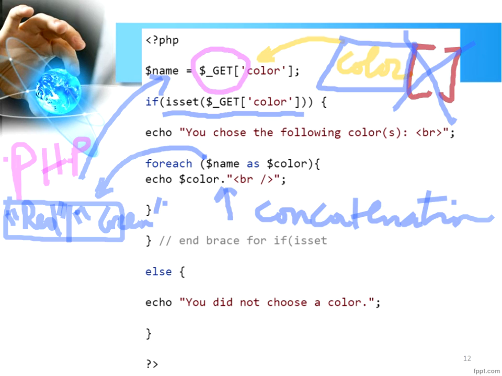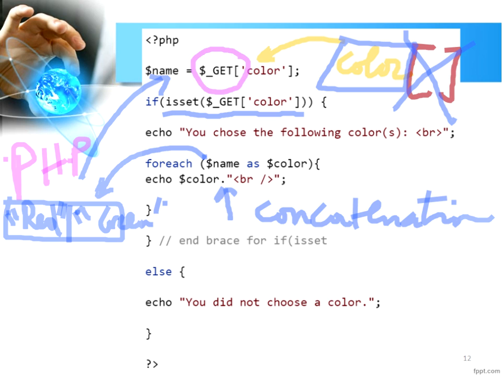We will see other details about foreach later, but at this level just keep in mind that foreach is a loop provided by PHP, and this loop is used to get the values of an array. Any questions?